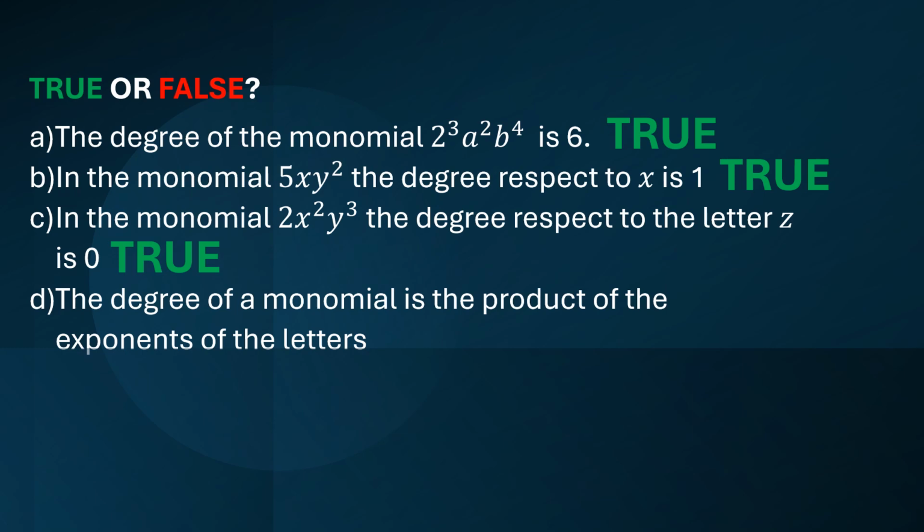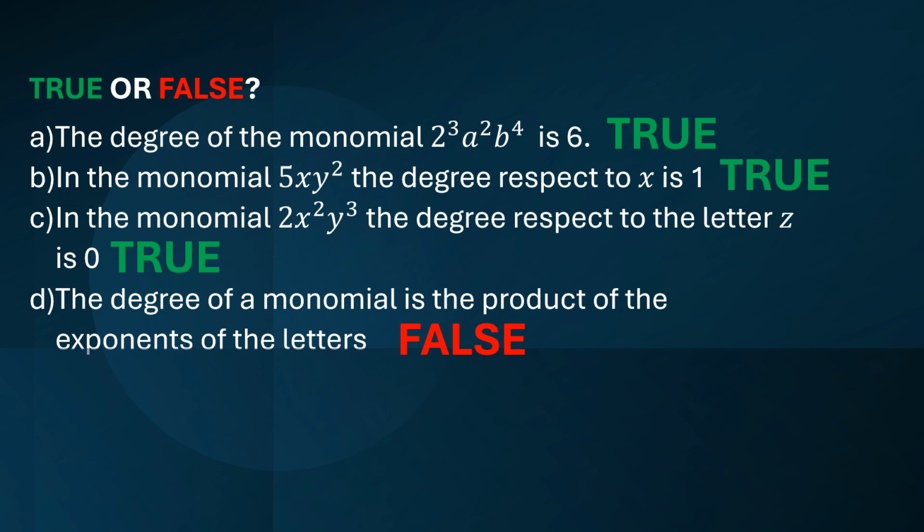Then the last question. The degree of a monomial is the product of the exponents of the letters. I'll show the answer in 3, 2, 1. False. This is definitely false. The degree of a monomial, in fact, as we saw also with the other questions, is the sum of the exponents, not the product.